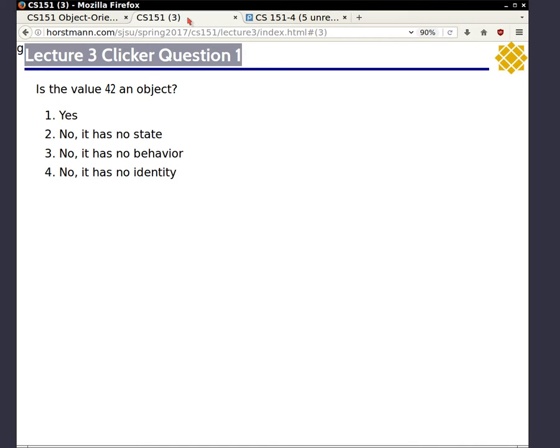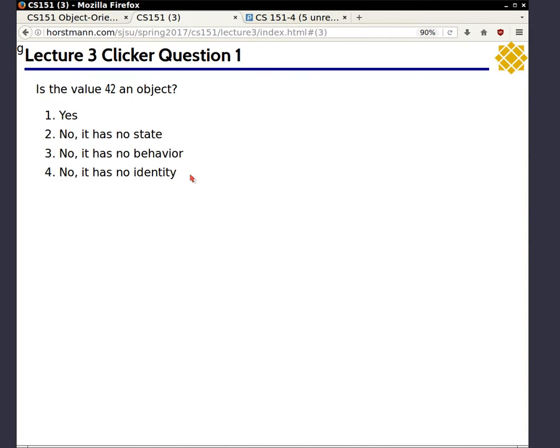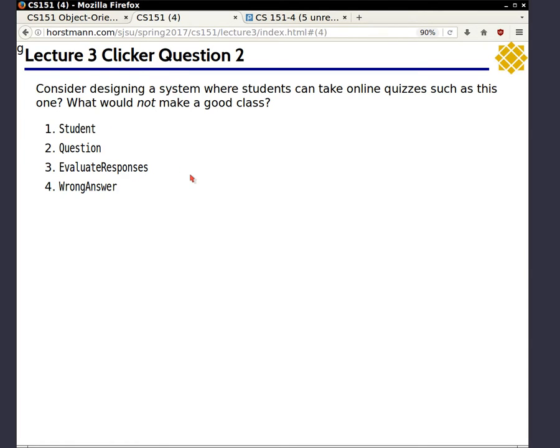That really does depend, particularly in Java, where they have kind of taken the identity away from the primitive type objects to make them easy to implement. But it's not a trivial question, and it shows that this definition of what exactly is an object is not as crisp as maybe we necessarily want it to be. All right, let's move on to the next question.